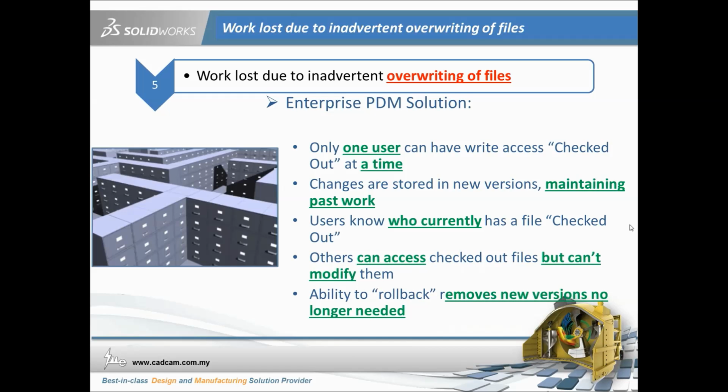Other users can't modify the checked-out file, but they can access it, which means they can open it. The system also has the capability to let the user roll back. It means that if, let's say, I already created a new version, but I no longer need it, I need to go back to the previous version as my latest one, so we call it rollback versions.